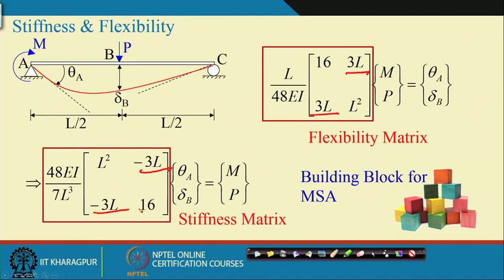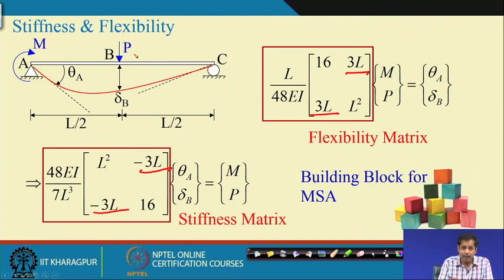We will discuss these matrices, flexibility and stiffness matrices, in detail as we progress. But another important thing, you see, you have only two forces and four displacement components. That is why you have 2 by 2 matrices.